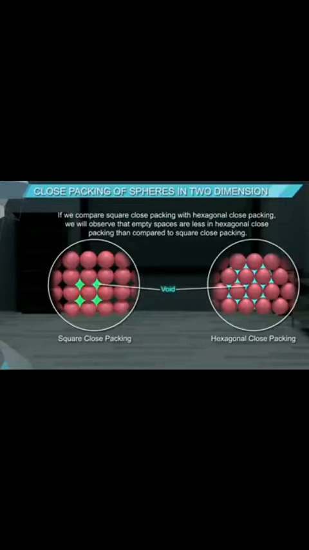And the packing efficiency, right, of the square close packing is 52.4%, and that of the hexagonal close packing is 60.4%.